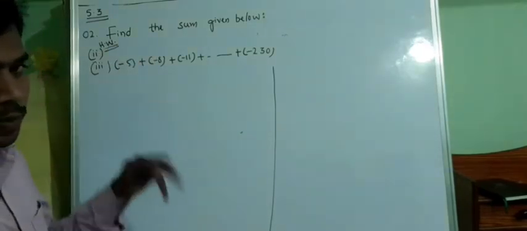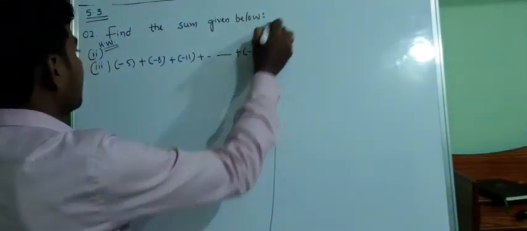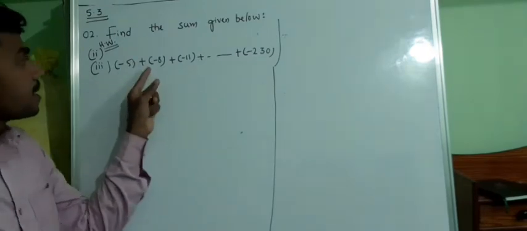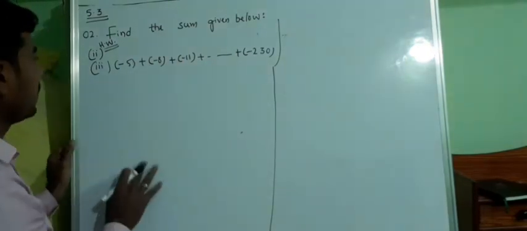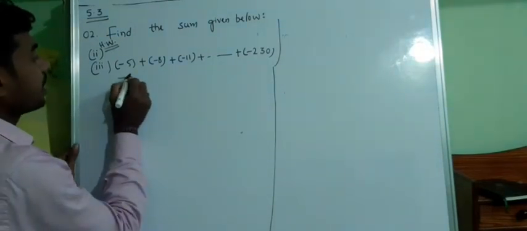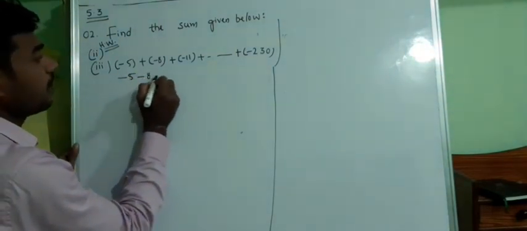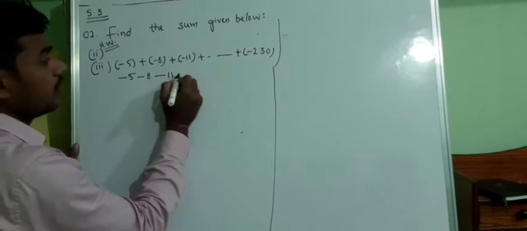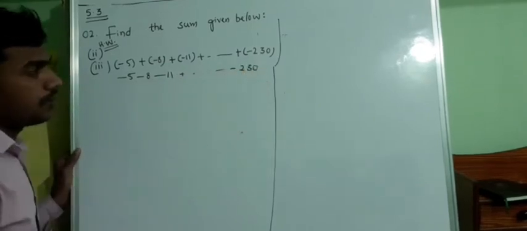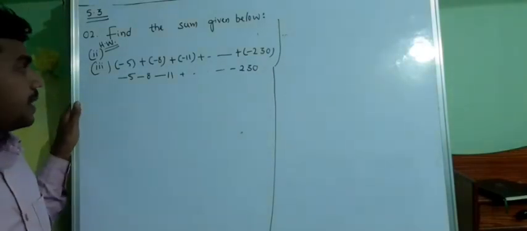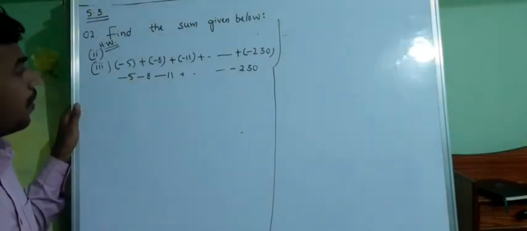I will solve the third sub question. See, minus 5 plus or minus 8 plus or minus 11 up to plus or minus 230, or this can be written as minus 5 plus minus 8 plus minus 11 plus, up to minus 230. To find the sum, the same procedure we need to follow.